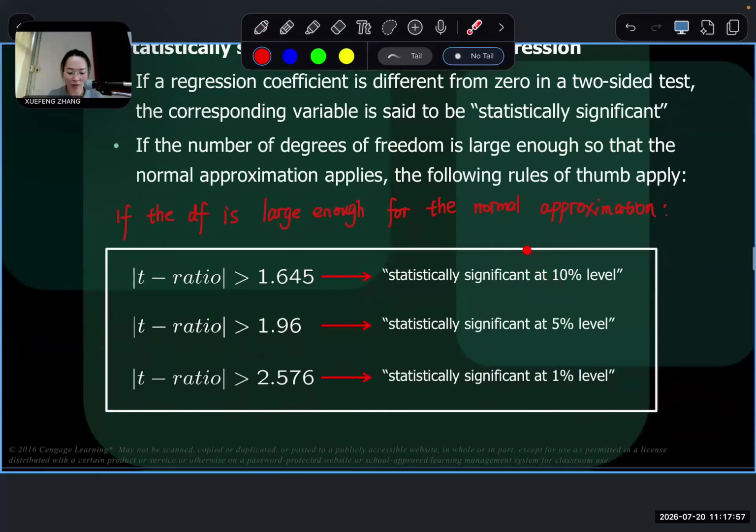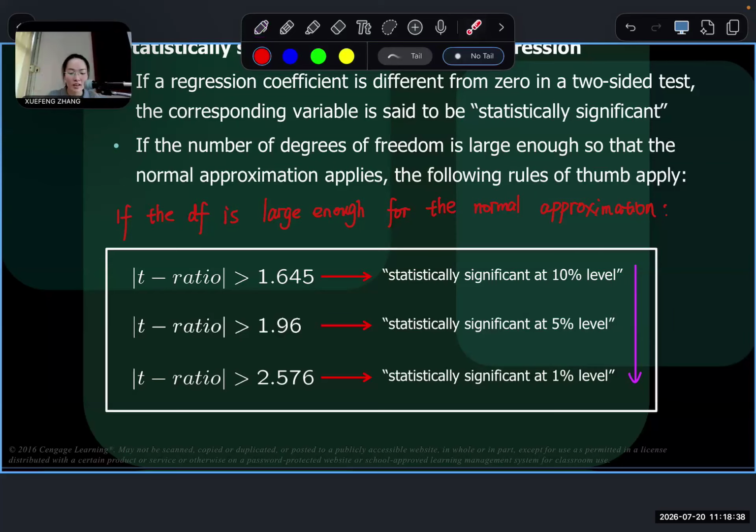So we can use this rule of thumb to determine, okay, to reject our null hypothesis. If the absolute value of the T ratio is greater than 1.645, this is the critical value at 10%, and 1.96 is the critical value at 5%, same as 2.576, this is the critical value at 1%. So basically, you see that from 10% to 1%, the critical value is larger, okay? That means it's more strict.